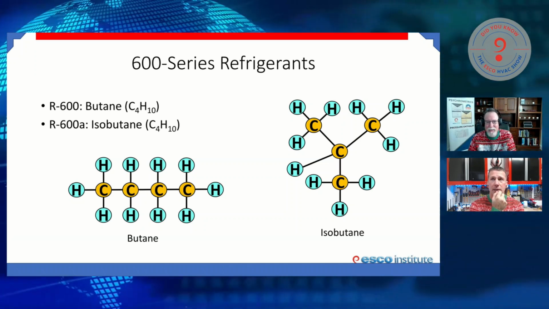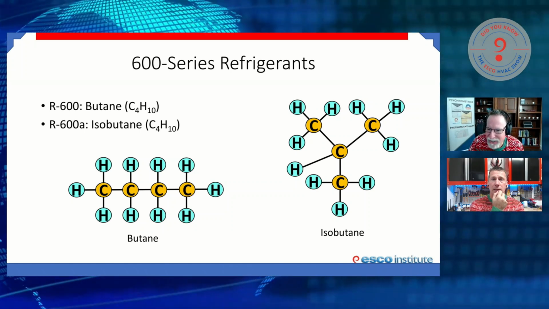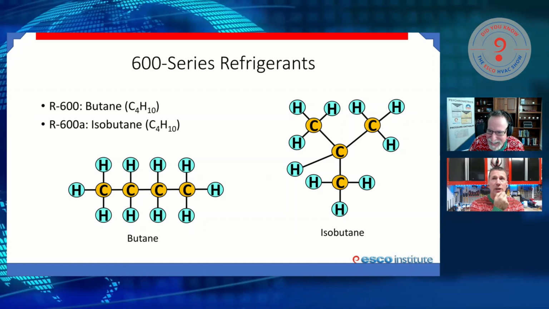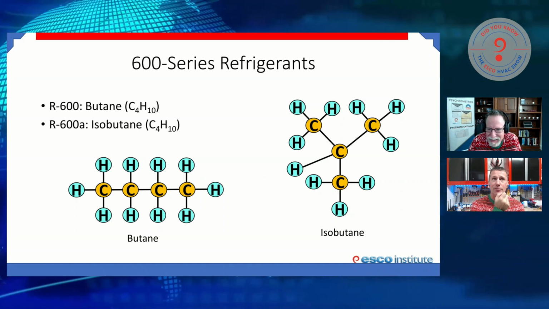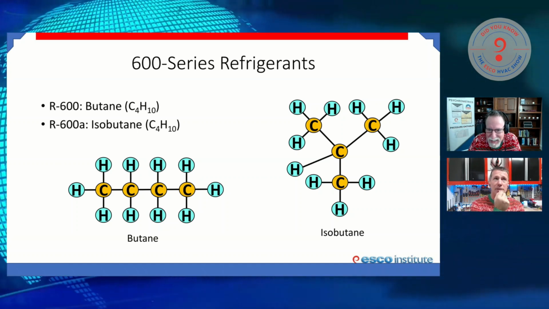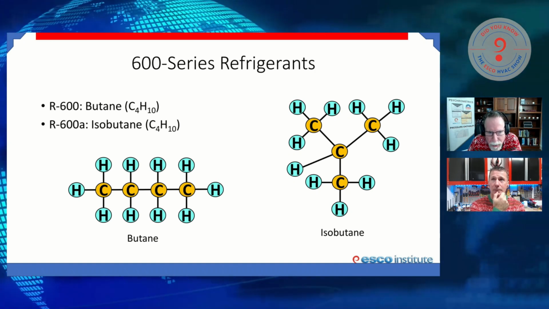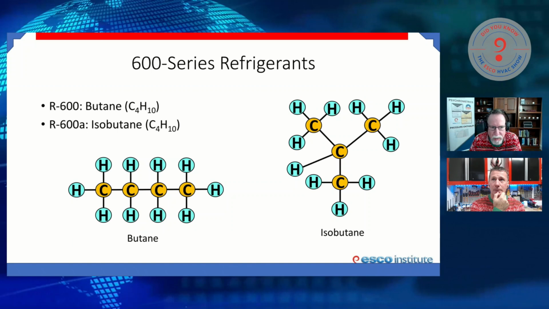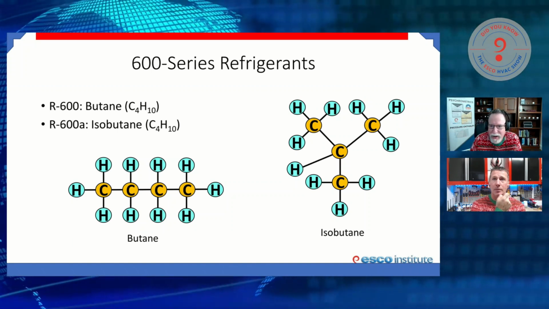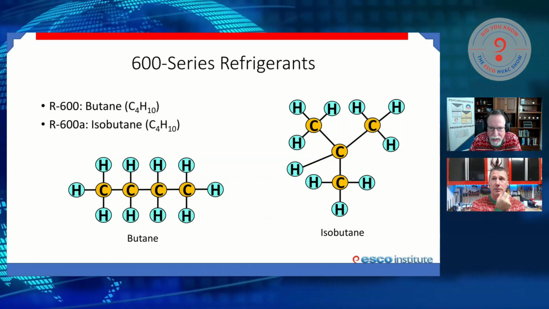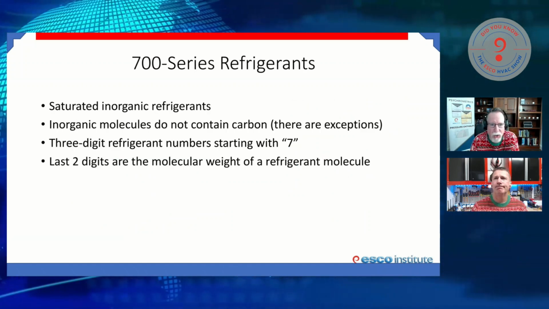So butane and isobutane are isomers of each other, which is why we couldn't use that classification for the refrigerant. We have to go by our actual name, 600 or 600A, to distinguish the formulation. The thermal properties of butane and isobutane are similar, though they vary a little bit. Each one is C4H10, with 4 carbons and 10 hydrogens; we just put them together differently. So that's pretty much all that's going on.